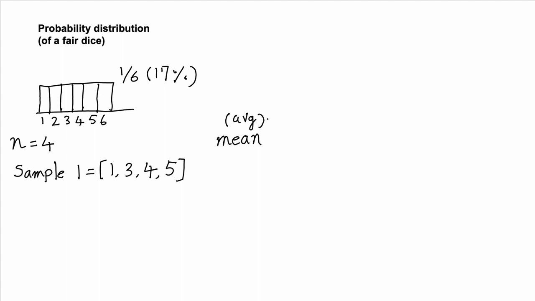Okay, what do we have here? 1 plus 3 is 4, 4 plus 4 is 8, 8 plus 5 is 13, 13 divided by 4 is 3.25. This is a sample mean for the first round. I'll use the same method and take another sample.